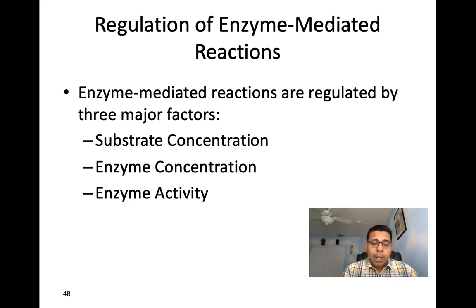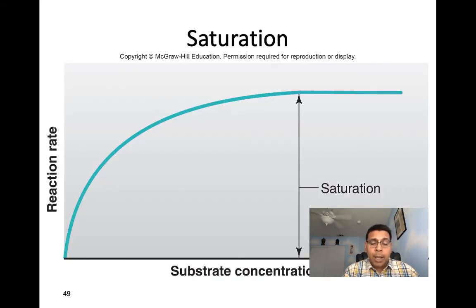The rate of an enzyme-mediated reaction increases as substrate levels increase until it reaches a maximal rate, which then remains constant despite the concentration increase. This level, when it gets reached, is called saturation.